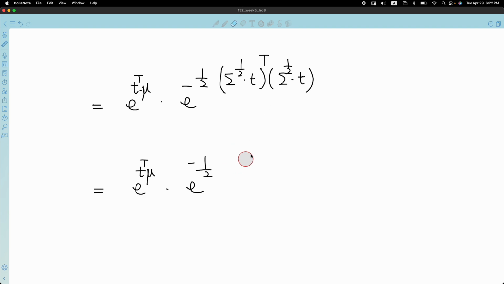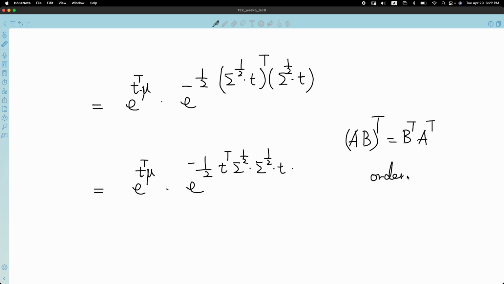You have to do the T first, so B transpose sigma 1/2, and then the sigma 1/2 and then the T. Again, the order matters.